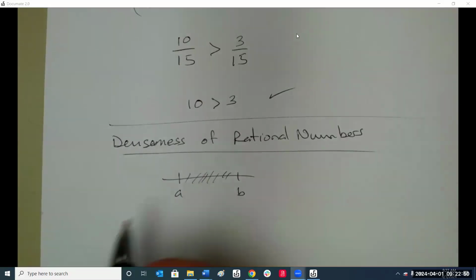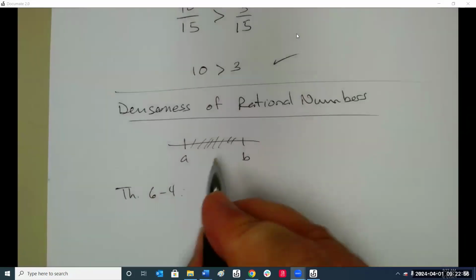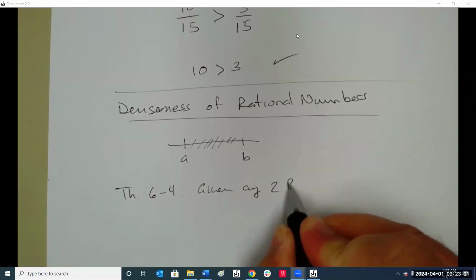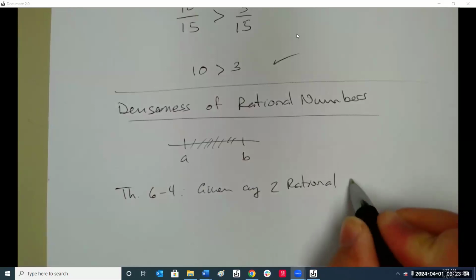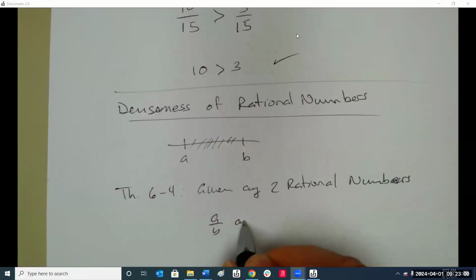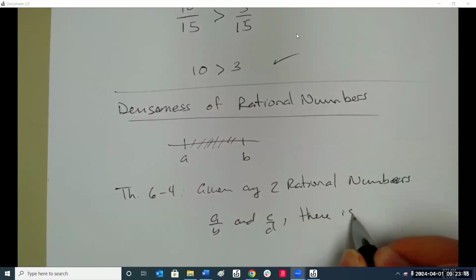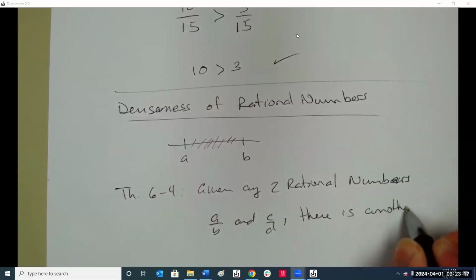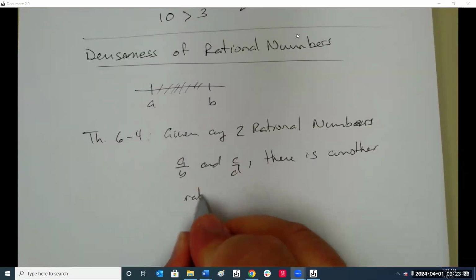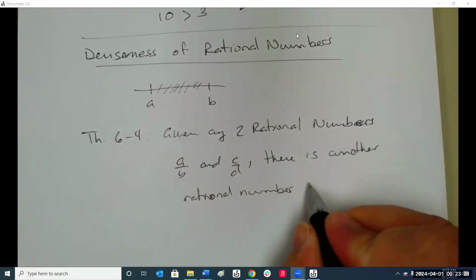The definition is, this is theorem 6-4. Given any two rational numbers, A over B and C over D, there is another rational number between them.